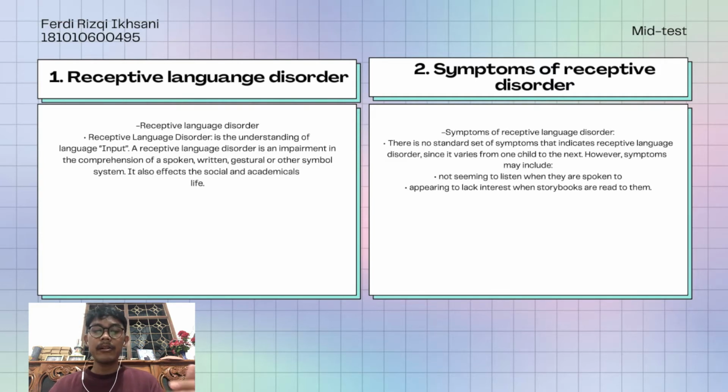And I have some common signs of receptive language disorder. They are tuning out when people talk, trouble following directions, trouble answering questions, interrupting people who are speaking, asking people to repeat what they say, giving answers that are off, misunderstanding what is said, and the last one is not getting jokes.